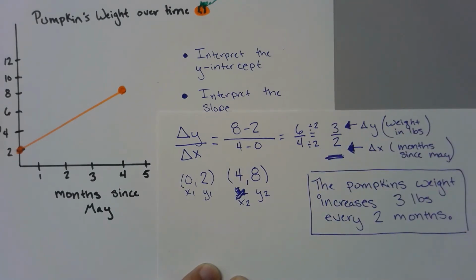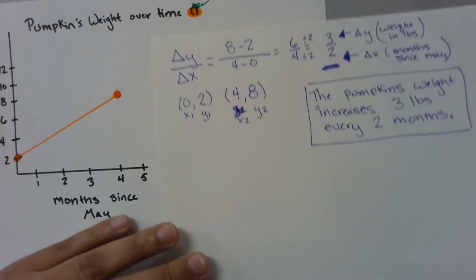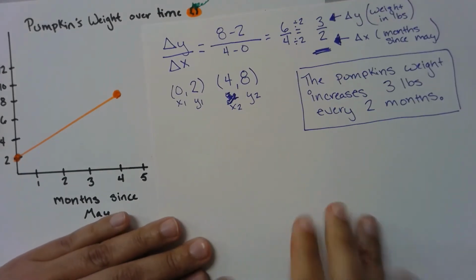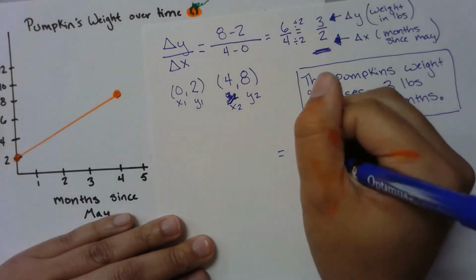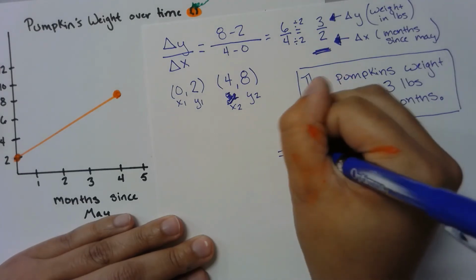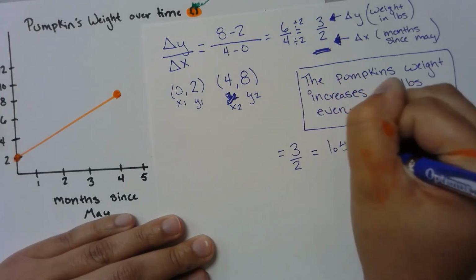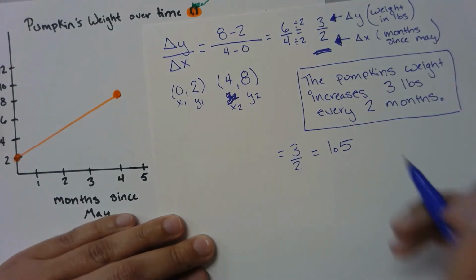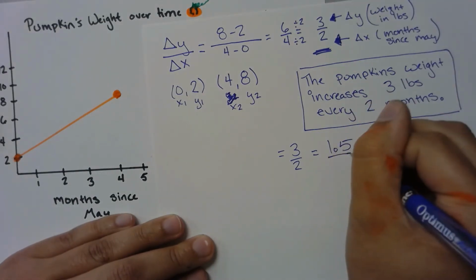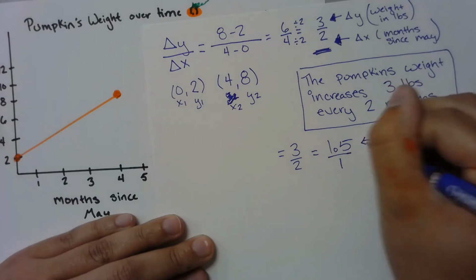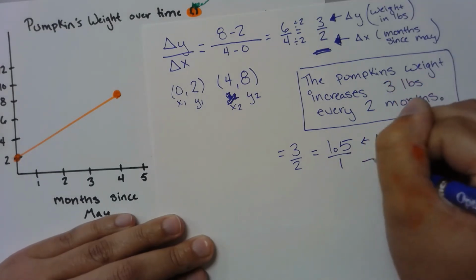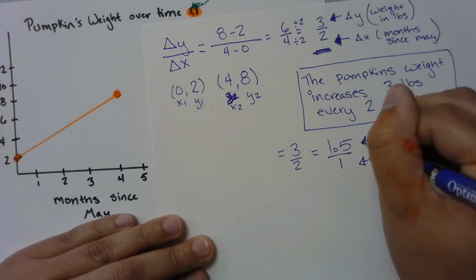And that's pretty much it. An alternative interpretation might have been that if you were a student, you could have said, hey, if slope equals 3/2, well, that's the same as 1.5. And so you might say, hey, 1.5 over 1 is still a slope. It's still change in y over change in x, and gotten a different answer.